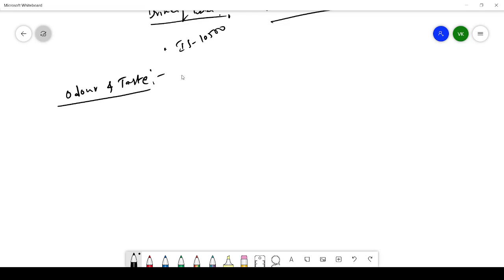Similarly, when you have some smell in the water, definitely it must have some taste. That's why we are studying them together. We are also going to measure the odor and taste together. If you are able to measure the odor, definitely the taste is also equivalent. I mean, if the odor of water is 3, I will tell you what the 3 means, then obviously the taste of water will also be 3, in most cases.